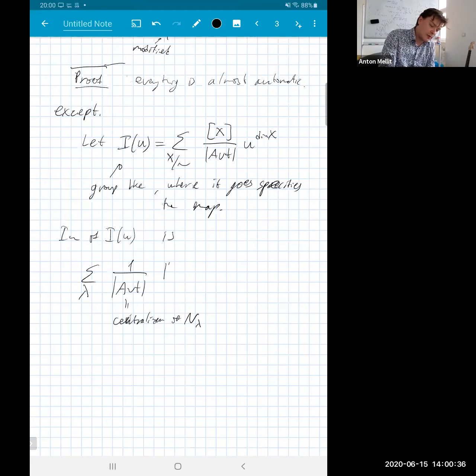And then we have to count flags which are preserved by this matrix.